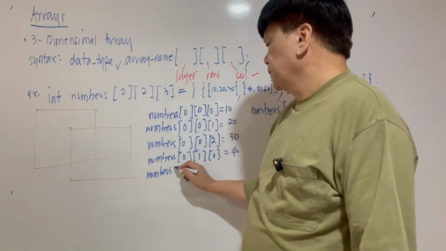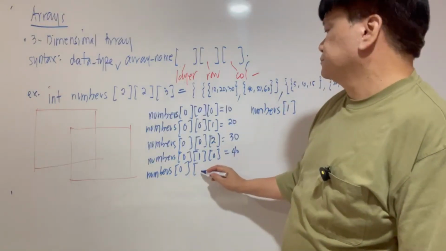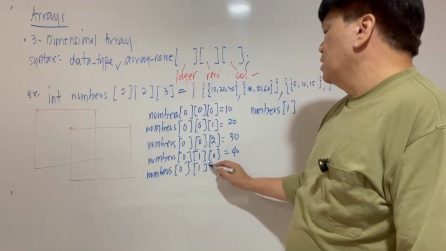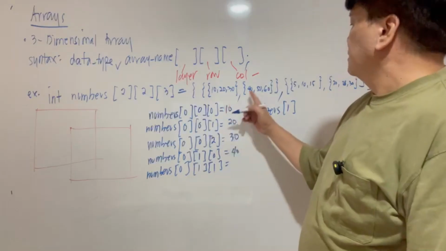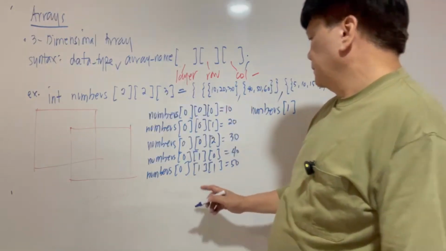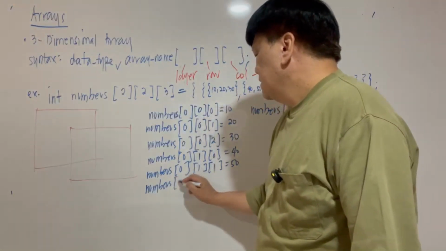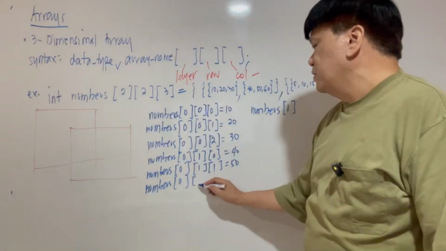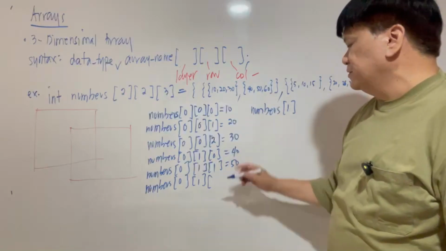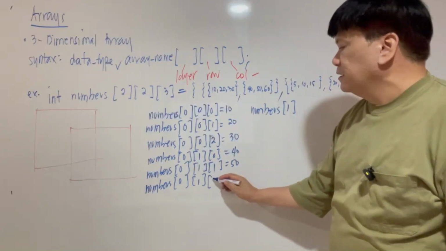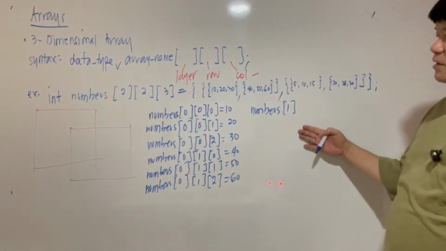Numbers 0, this is your second row, second column, so you have 50. Then numbers 0, 1, 2 for the first layer, second row, and then the third column of the second row, so you have 60.